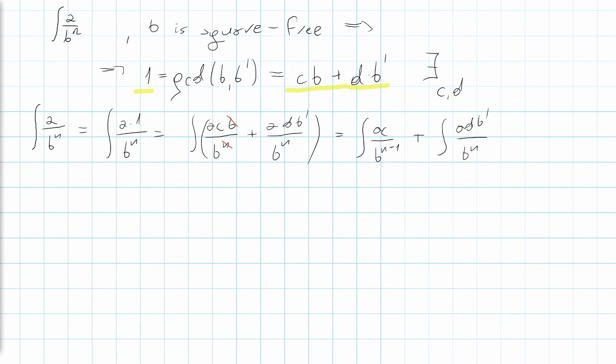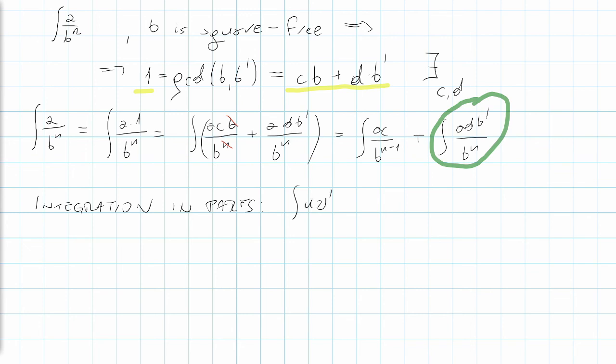And we will now concentrate on this integral, and we will use integration by parts. So we know that the integral of u times v prime is nothing else but u times v minus the integral of u prime times v.